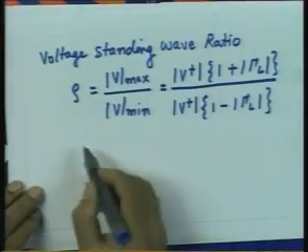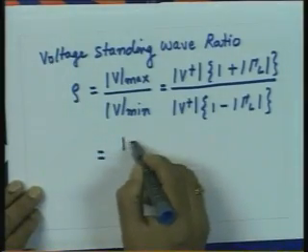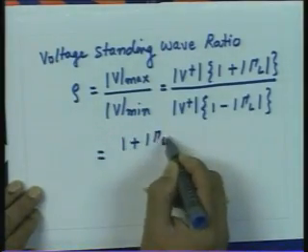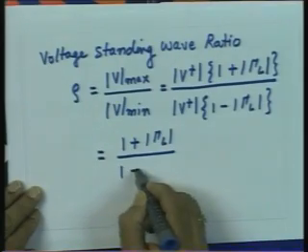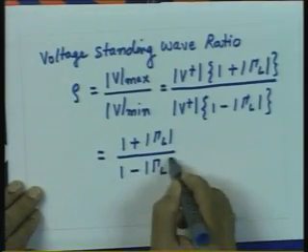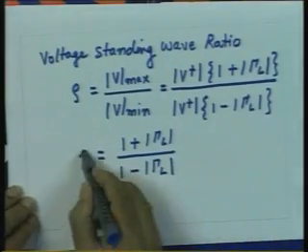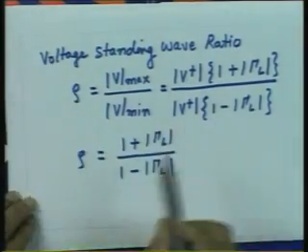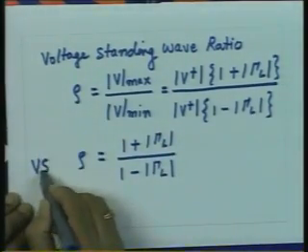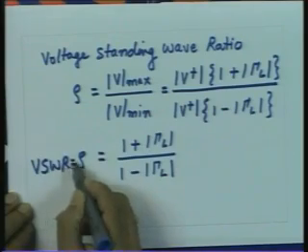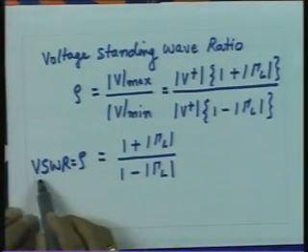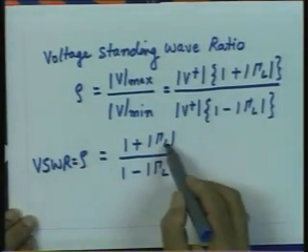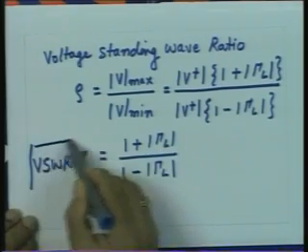So, the voltage standing wave ratio is 1 plus mod gamma L divided by 1 minus mod gamma L. In short, the voltage standing wave ratio is called VSWR. So, the VSWR for a load whose reflection coefficient magnitude is mod gamma L is given by this.